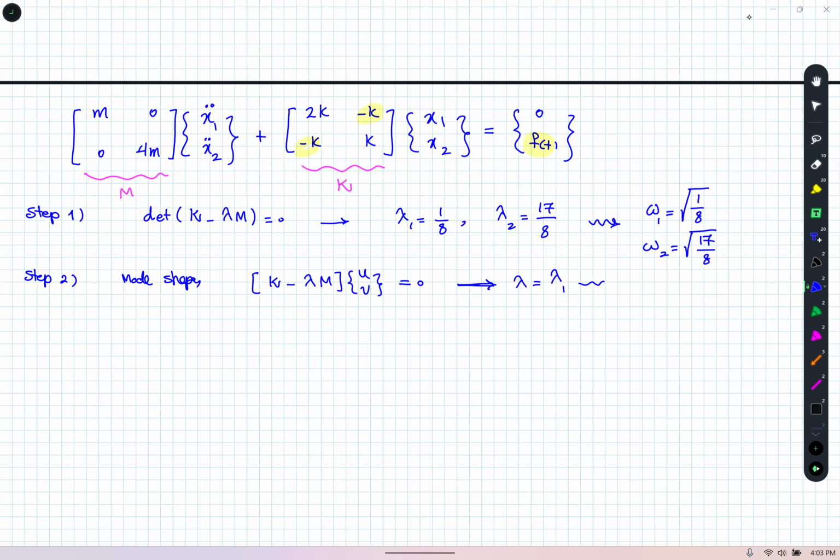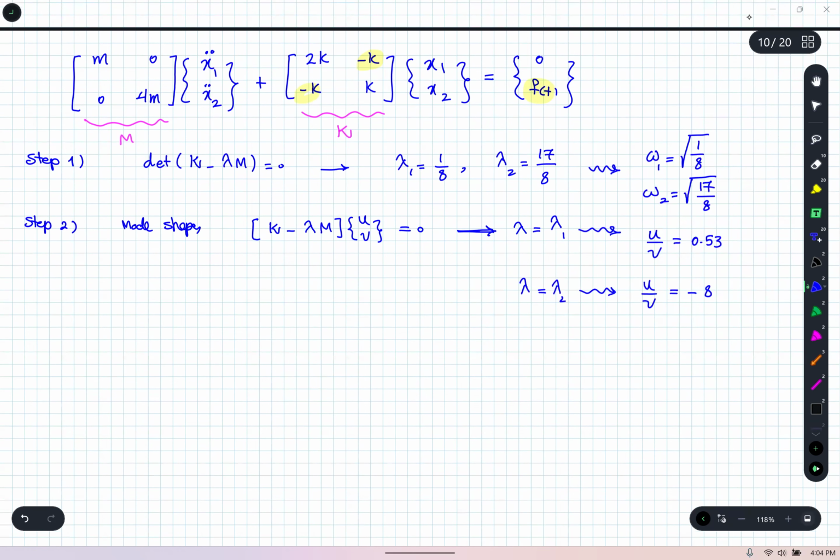If you substitute lambda equal to lambda 1, you are going to get uv equal to 0.53. And if you substitute lambda with lambda 2, you are getting uv equal to -8. We write these in a vector format.